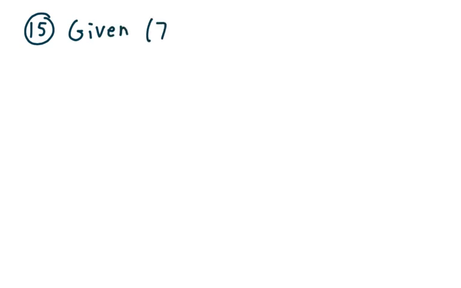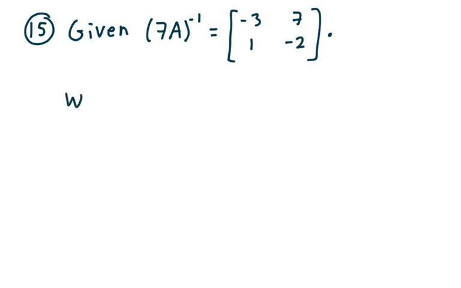Given the inverse of 7A equals the matrix negative 3, 7, 1, negative 2. Okay, so I'm given this. I want to find A.